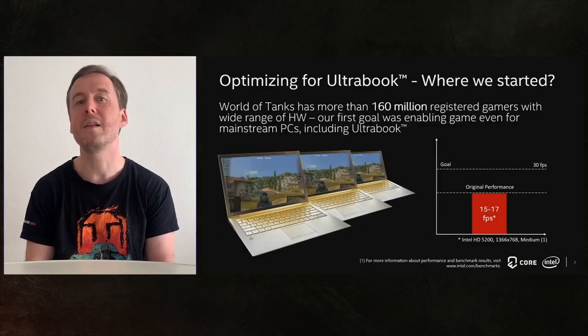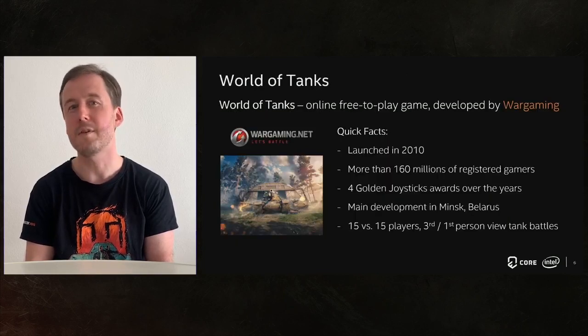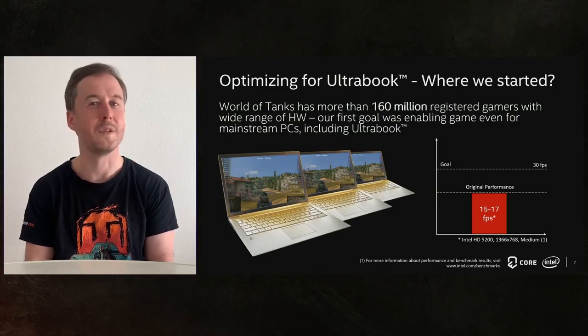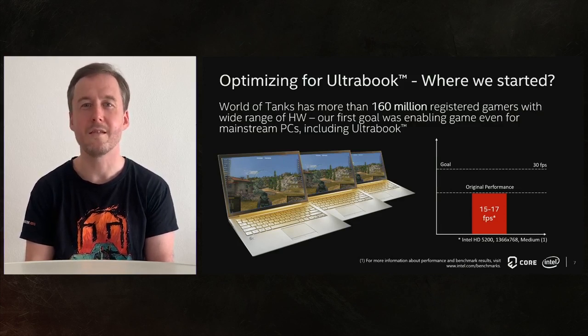So 160 million gamers means an enormous amount of gamer computer configurations which the game needs to support. And our first task when we started to work together was to support as many gamers as possible, particularly those with not very new PCs, with mainstream configurations, with new laptops called ultrabooks, which are thin and sleek, but also have a small power envelope, which limits performance.